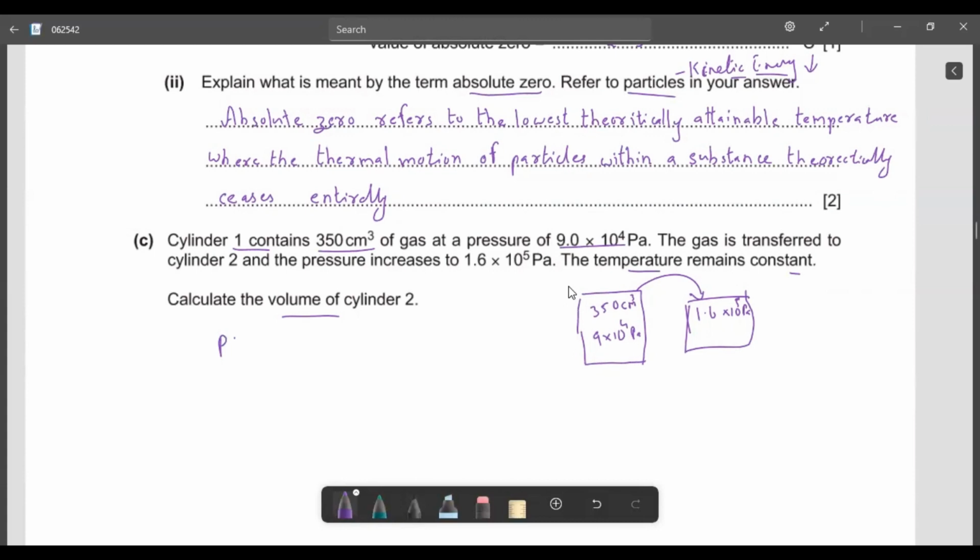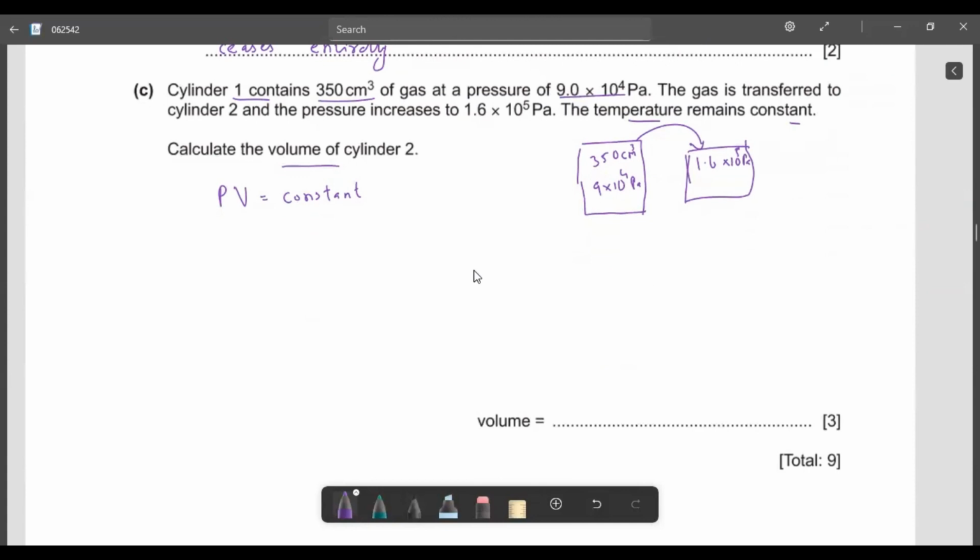So by the ideal gas law, we know PV is a constant. That is, the product of pressure and volume is constant. So we can write P1 V1, that is for cylinder 1, pressure into volume, will be equal to P2 V2. We need to find the volume of cylinder 2.